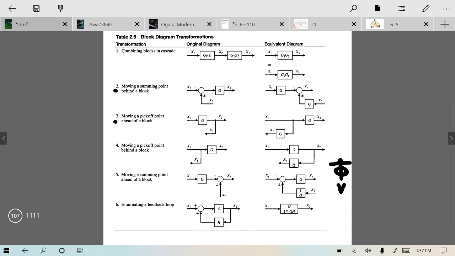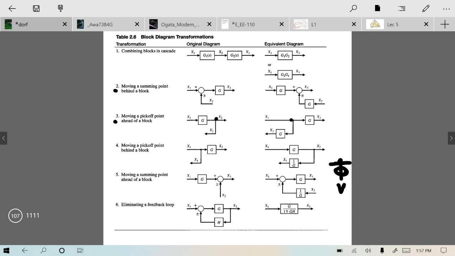As an example, I told you that if there is a block over here and you want to combine this G with that block, then you obviously want this pickoff point to be removed from here. So that is why we have a technique that you can move this pickoff point from this point to this point if you multiply this with G, because in the end, the signal you want to pick off is x2.